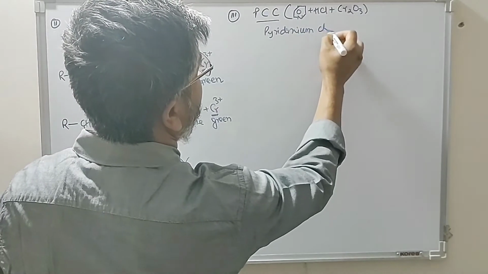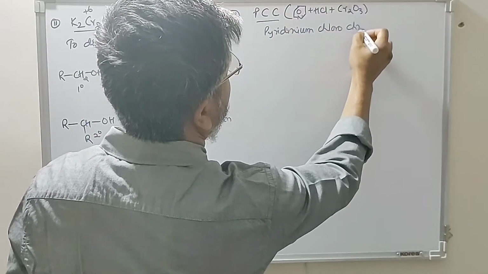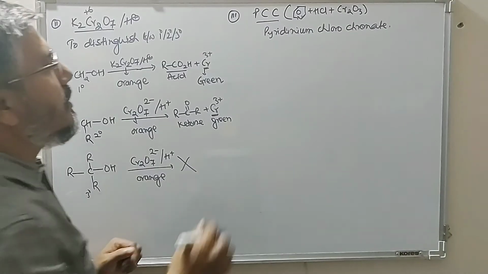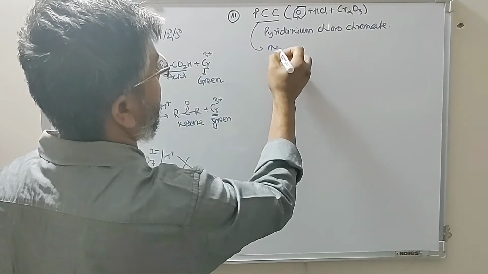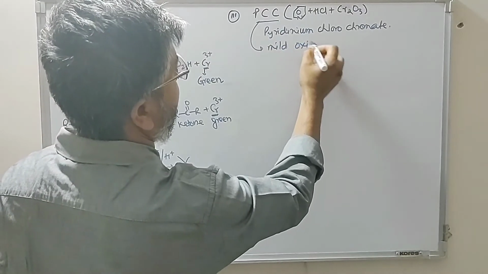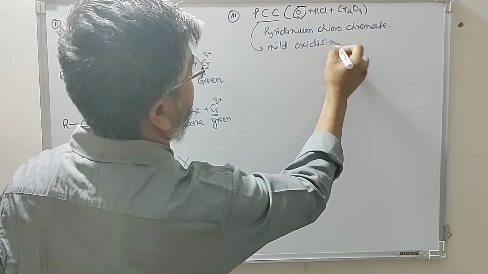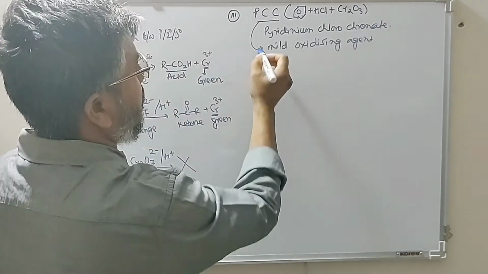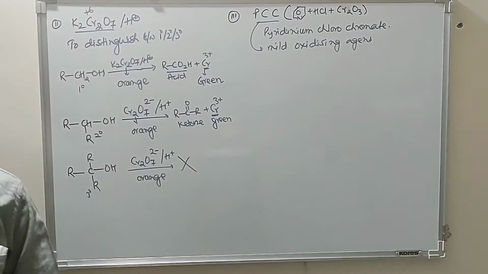Pyridinium chlorochromate is a mild oxidizing agent which oxidizes primary alcohols to aldehydes only.